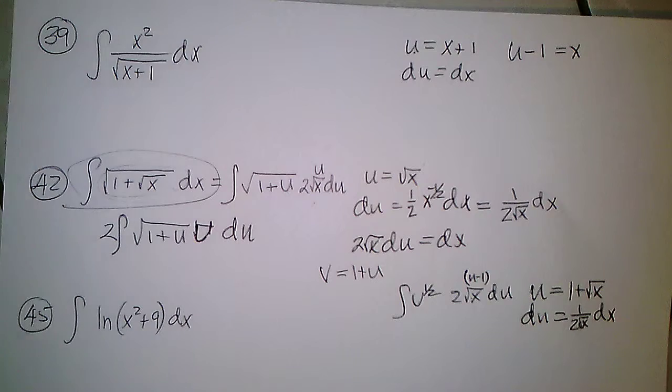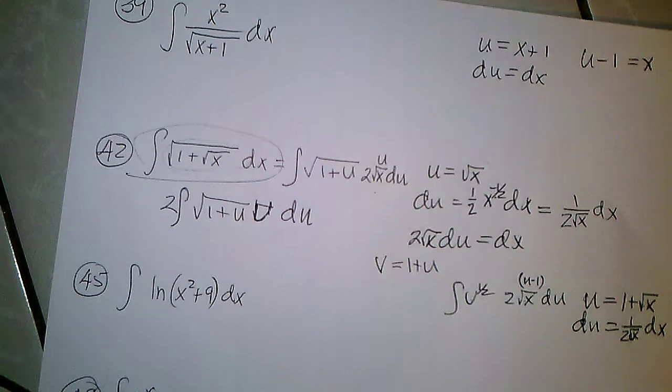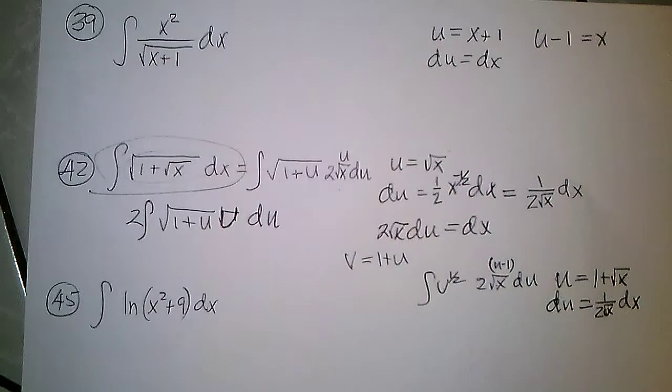All right, number 45. 45 looks like we ought to be able to do this one by integration by parts. And the reason I say that is because we don't know how to integrate ln very well, but we can take the derivative of it.